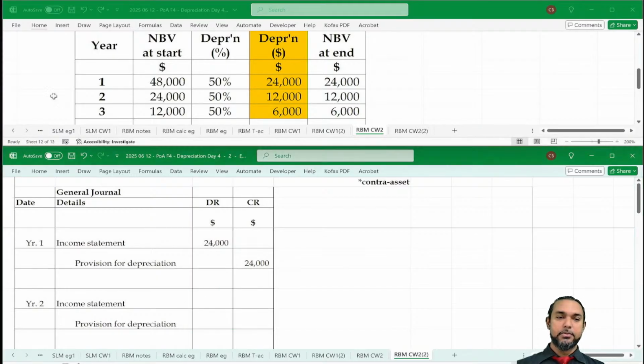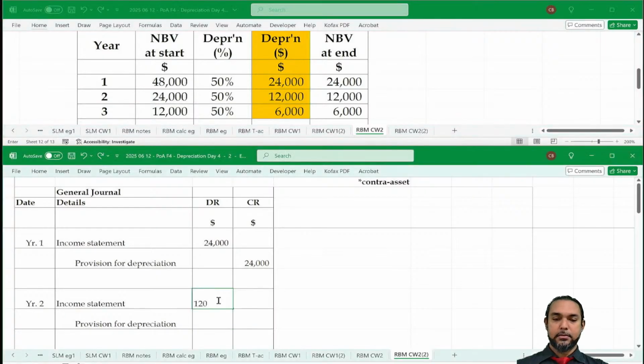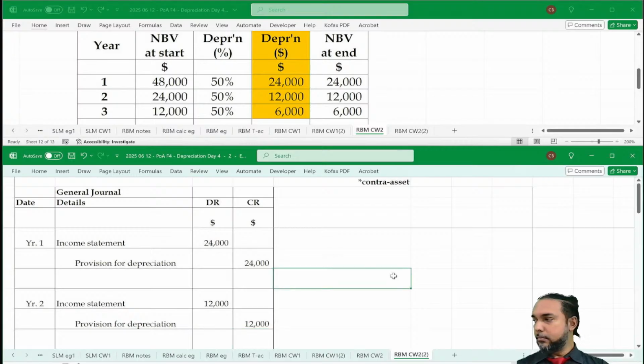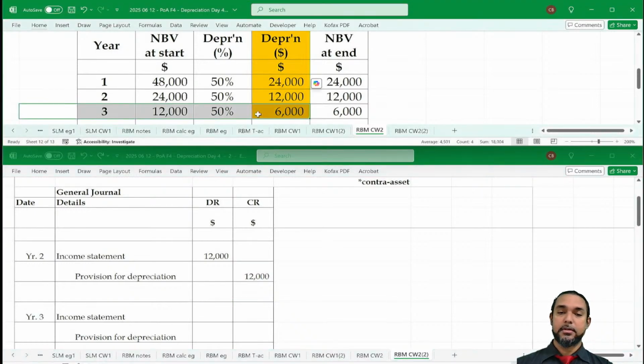If you go to year two on top of here, the depreciation charge was 12,000. So that figure will go here. Year three, it's the same words again: income statement, provision for depreciation. And then in year three, the figure would be 6,000.